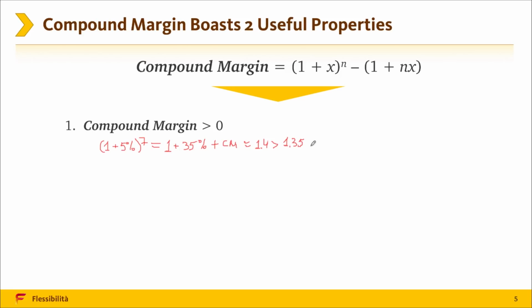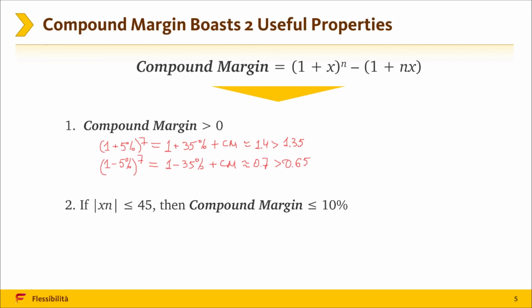Now let's look at a decline example. 1 minus 5% to the power 7 equals 1 minus 35% plus, again, compound margin. And the result is about 0.7, which is again greater than the simple decline result of 0.65. So the drop is smaller in the compound decline case than in the simple decline case.